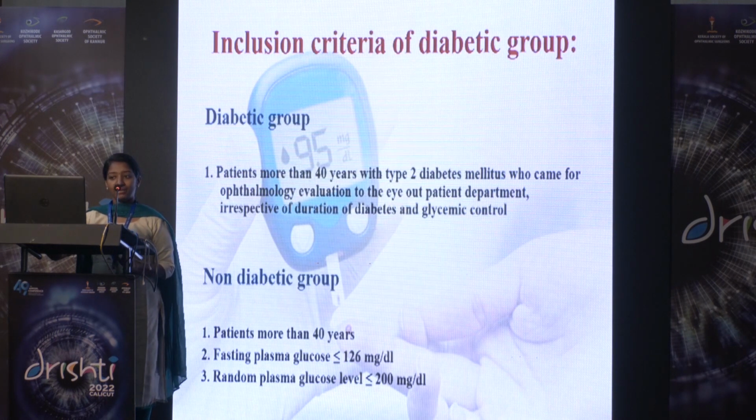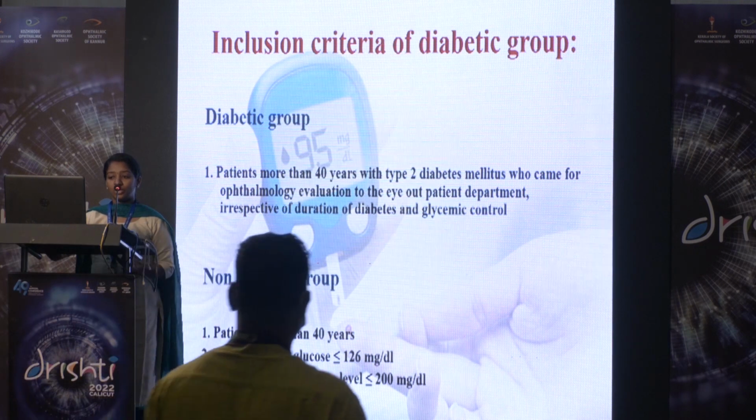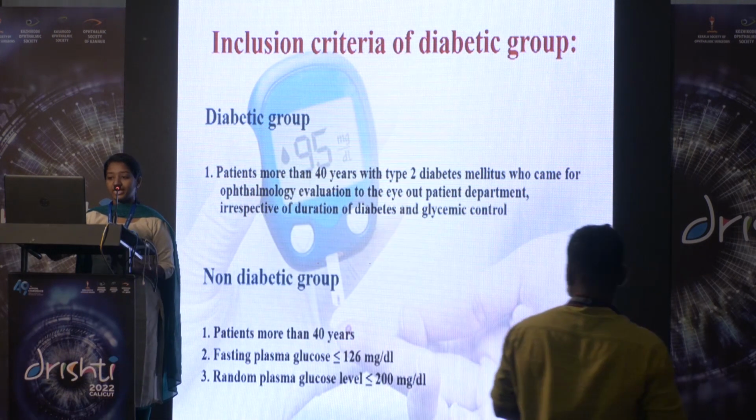Inclusion criteria for the diabetic group was patients more than 40 years with type 2 diabetes mellitus who came for ophthalmology evaluation in the OPD, irrespective of the duration of diabetes and glycemic control. The non-diabetic group included patients more than 40 years.